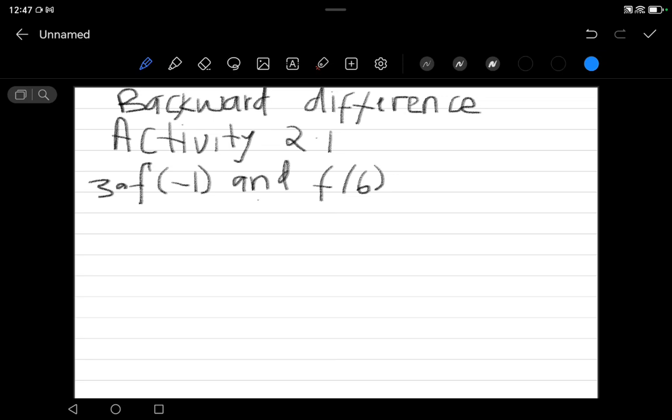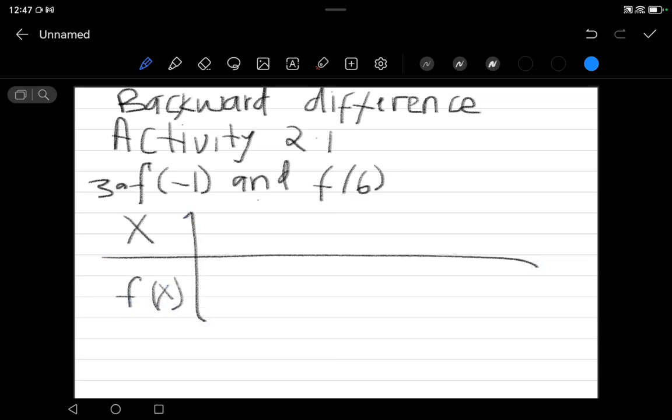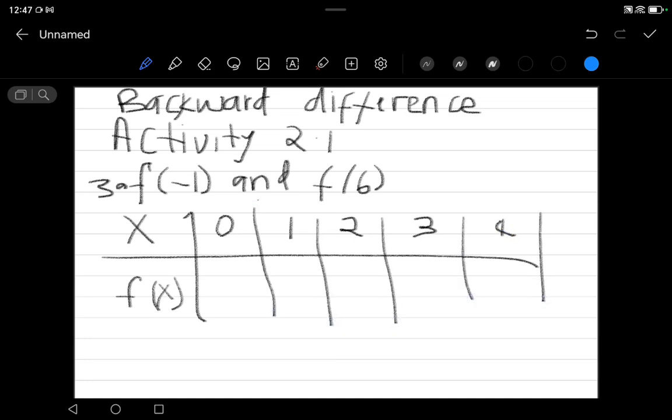So we have the x values and the y values. On our x values, we have 0, 1, 2, 3, and then 4. On our y values, we have 1, 3, 13, 37, 81. Remember, all the time when we are doing backward, forward and divided difference, we start by constructing a table.